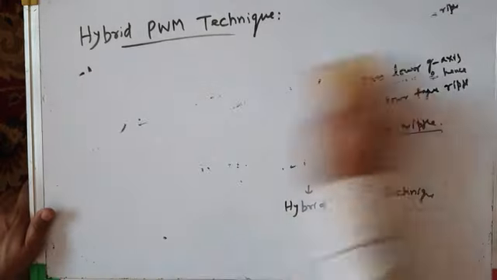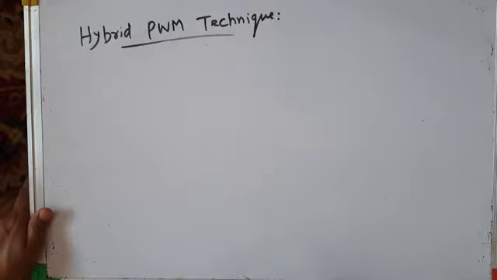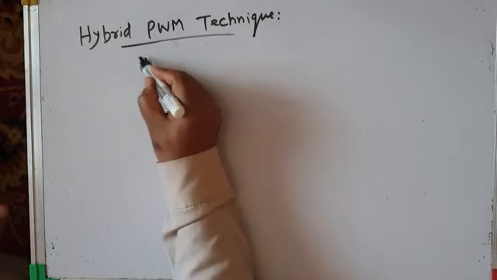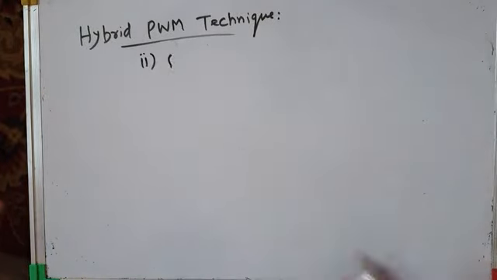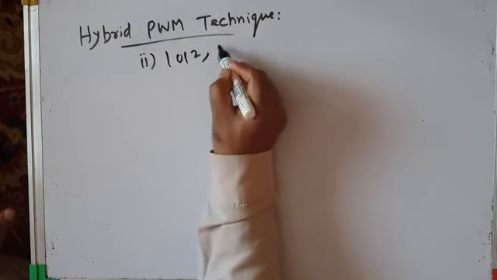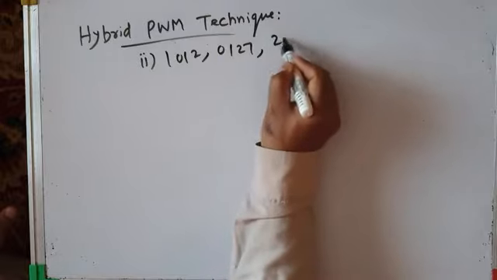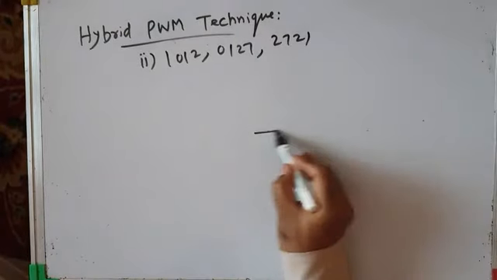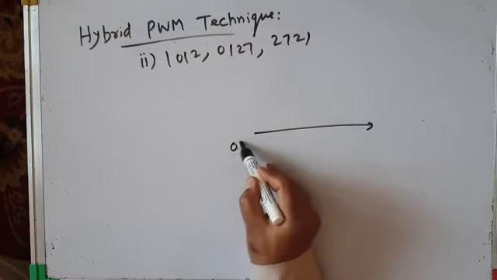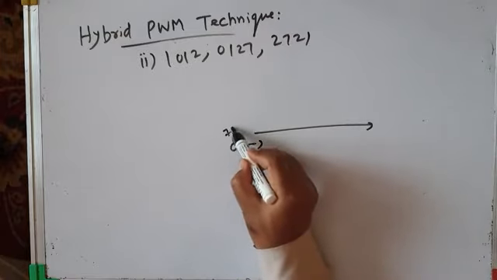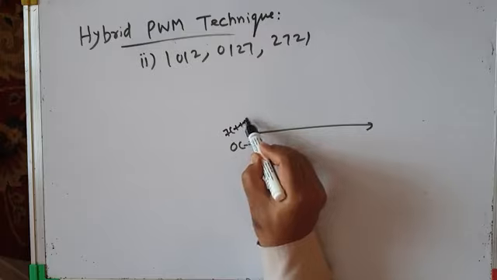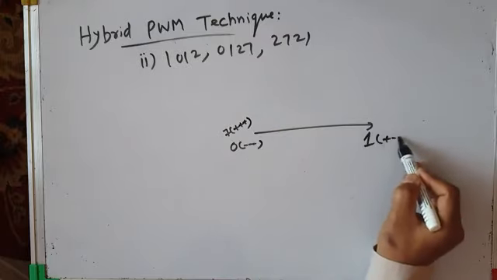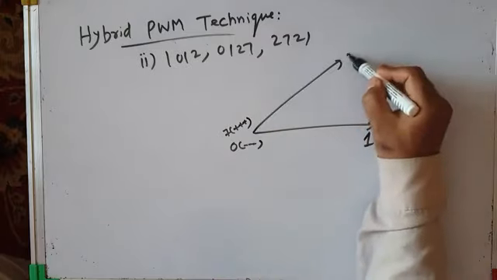Another combination may be 1012, 0127, 2721, if you use the advanced bus clamping technique. Here this is null vector 0 or null vector 7, active vector 1, active vector 2.